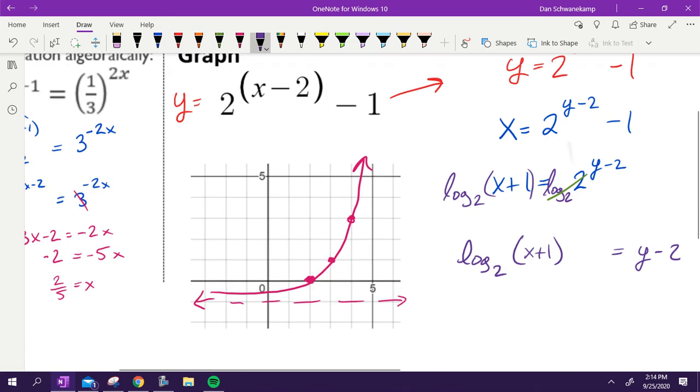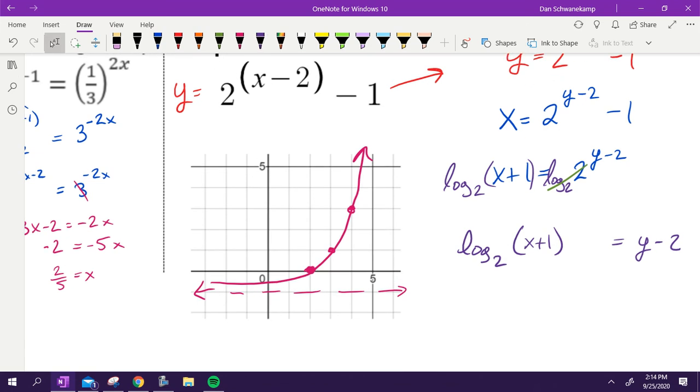And so obviously if I want to finish solving this thing, I'm going to add the 2 to the other side. I get log base 2 of x plus 1 plus 2 is all equal to y. That's what I'm trying to graph. We didn't have to get y by itself, but I'm trying to make sure we know how to find inverses. That's another thing on our quiz.